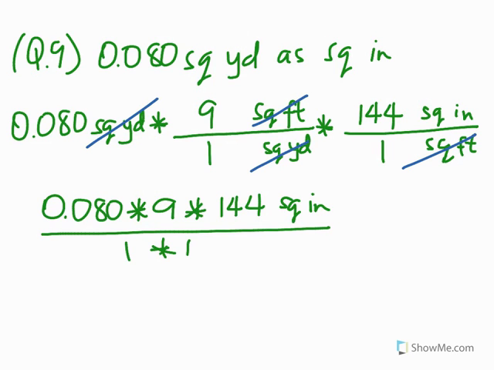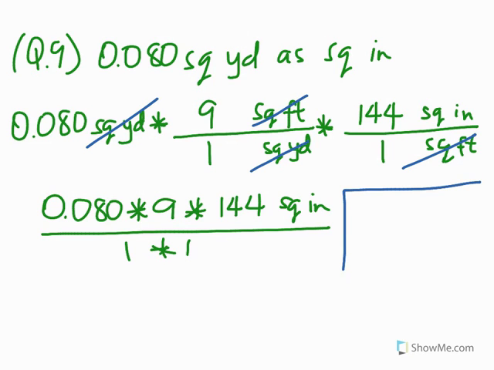Now when you do this, you have 103.68 square inches. But if you look at the original problem, how many significant digits do you have? You have 2 significant digits. Sometimes you wonder what your answer will be here, and there's something I want to mention.